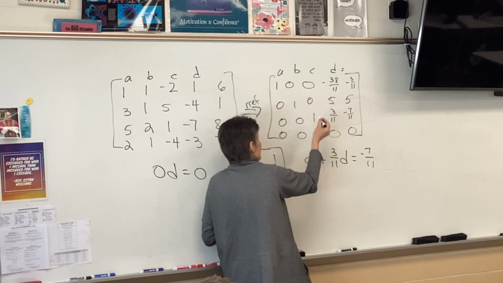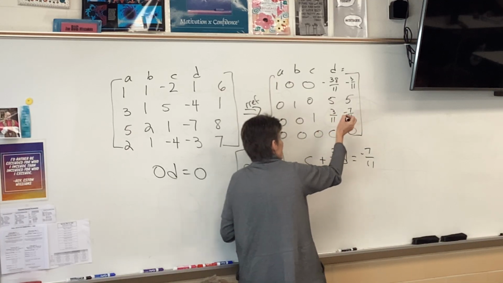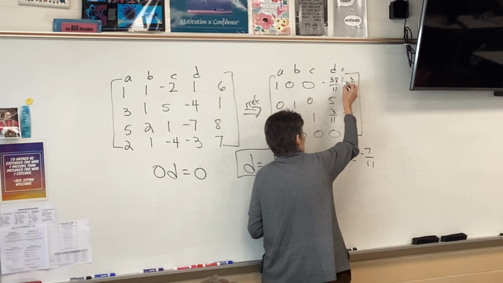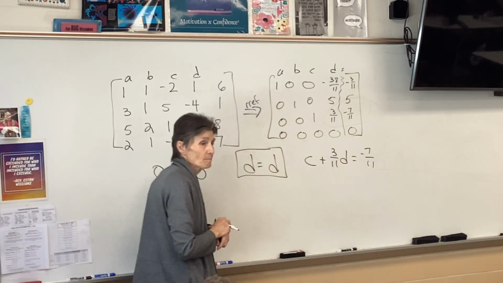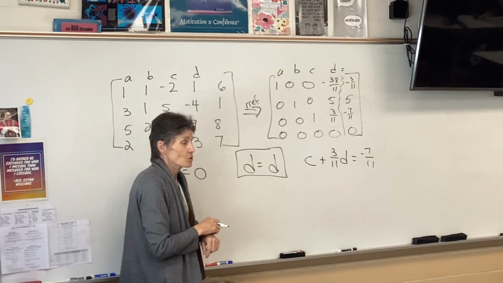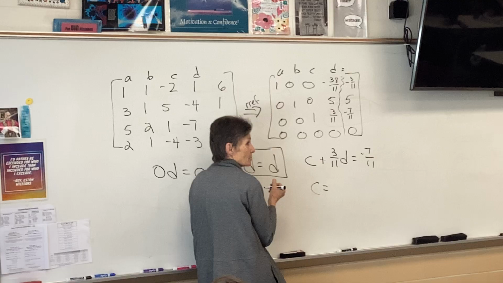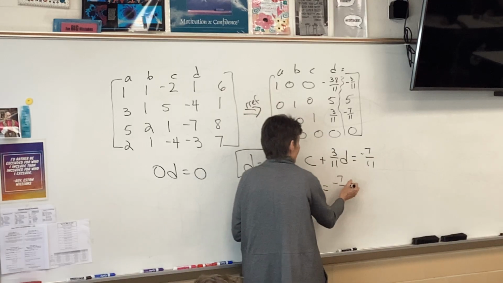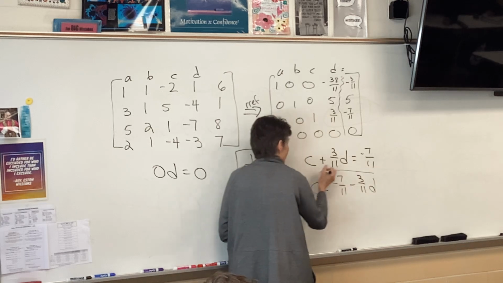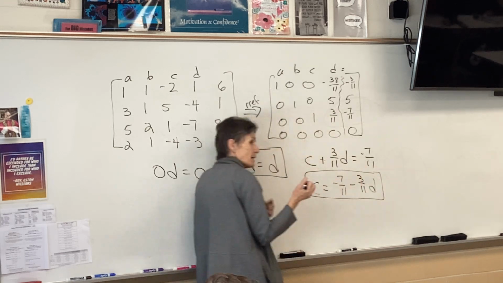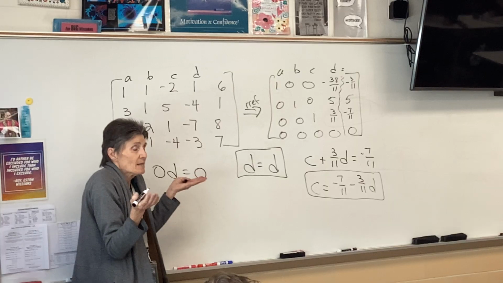We don't have any. 1C plus 3/11 D's equal, this is like the equals numbers here, equals negative 7/11. So what is C? Negative 7/11 minus 3/11 D. And I don't know what D is. So I'm done. I mean, I can't do anything else.